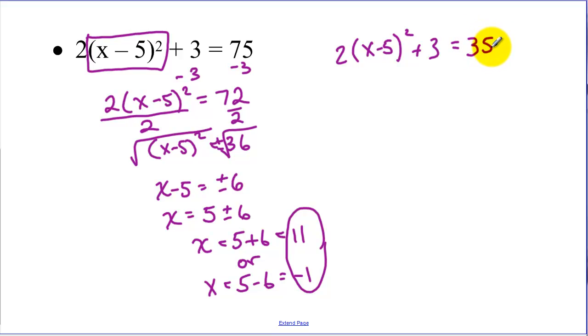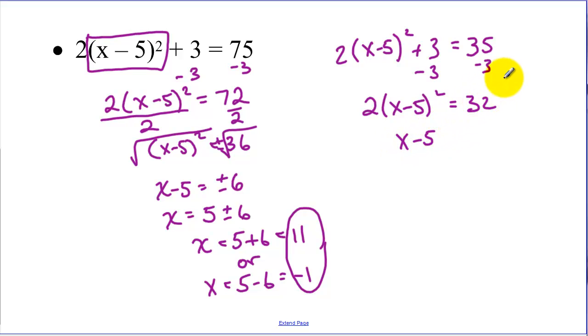Let's see how this works out. So let's subtract 3. So we've got 2. Now we're going to divide by the 2. I made this a perfect square again, so let's make this 33 here. So this is now 30. So I'm going to divide by 2, so we get x minus 5 squared equals 15.